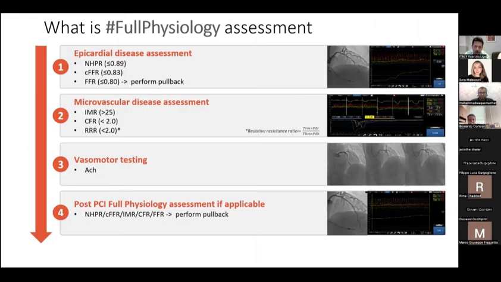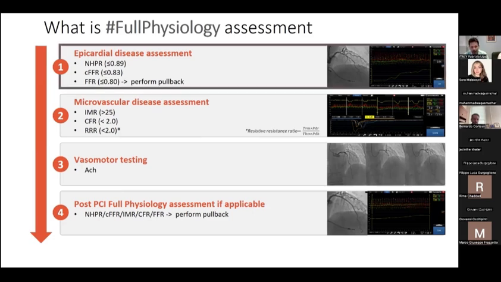When we speak about the physiology assessment, today we use the new concept of full physiology, a hierarchical use and testing of different parts of the coronary tree. First of all, we can check the epicardial disease.